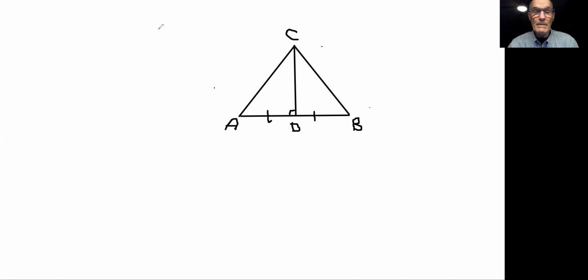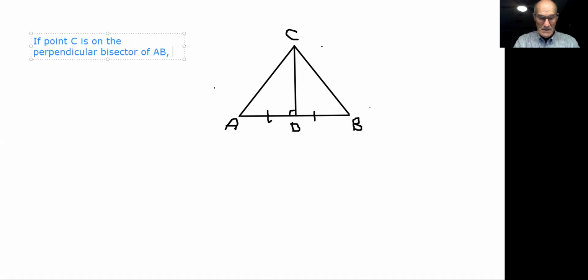Now what the theorem says is if point C is on the perpendicular bisector of segment AB, then C is equidistant from the endpoints of AB.